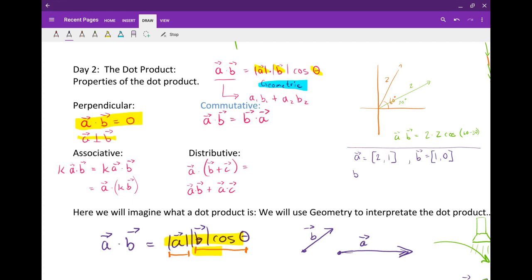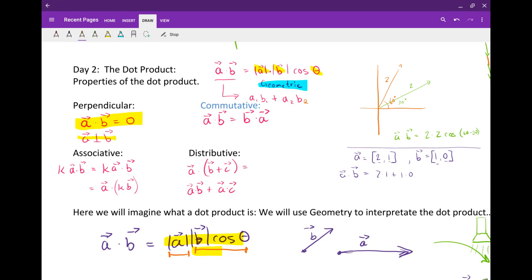Now A dot B, you're going to use 2 times 1 plus 1 times 0. And that formula is written here. So it's the first components multiplied, added to the second components multiplied, and you end up with that. There should be a 2 here.